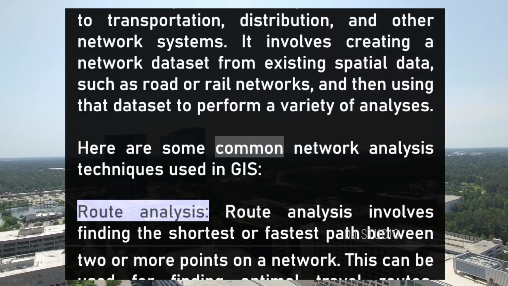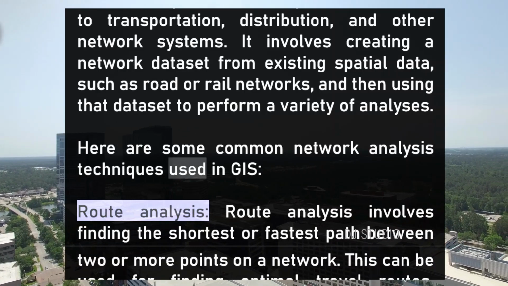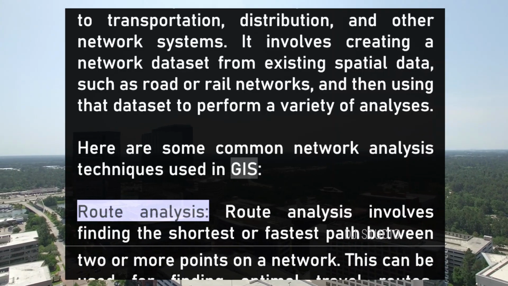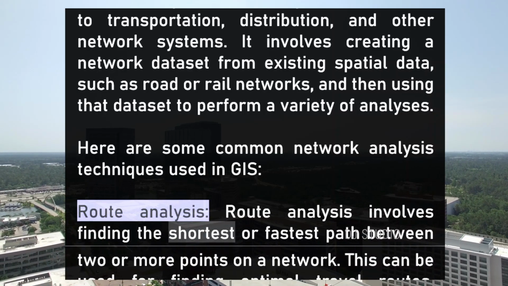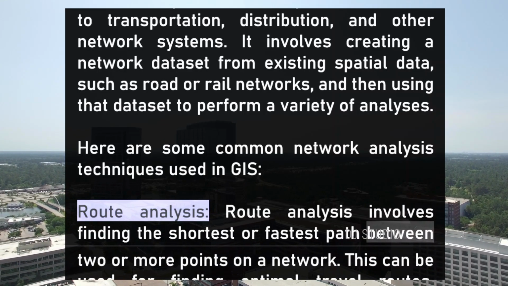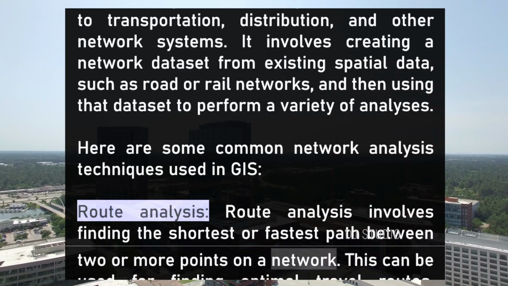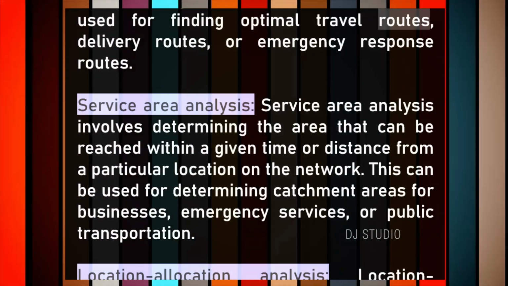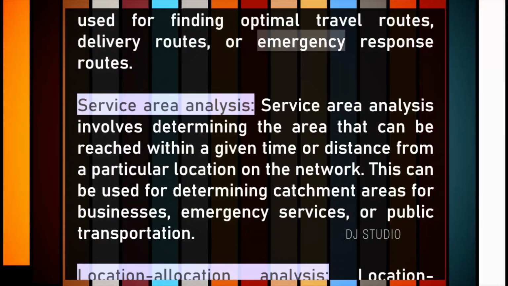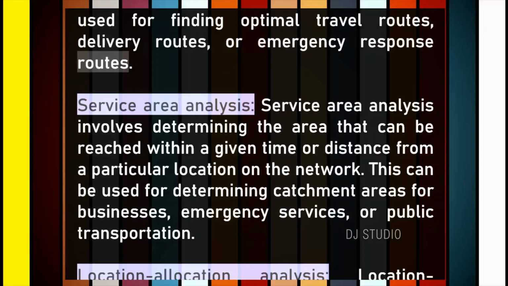Here are some common network analysis techniques used in GIS. Route analysis. Route analysis involves finding the shortest or fastest path between two or more points on a network. This can be used for finding optimal travel routes, delivery routes, or emergency response routes.